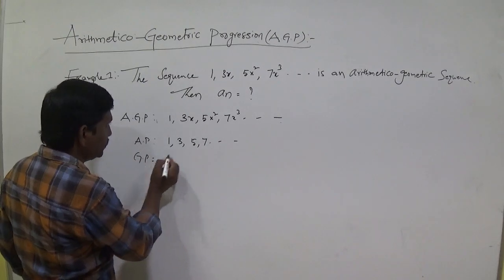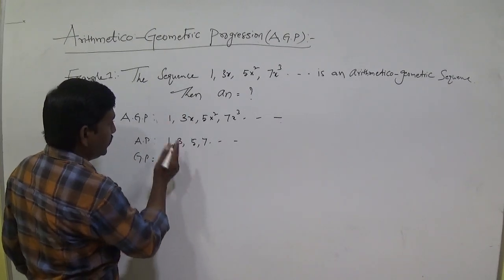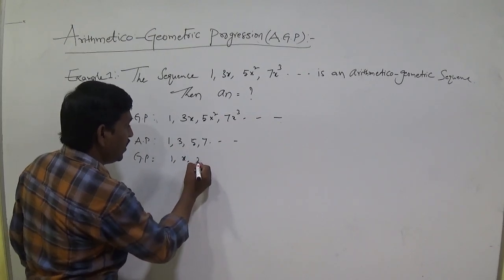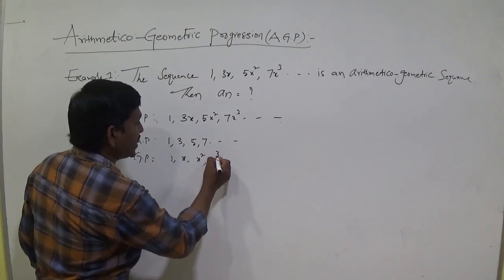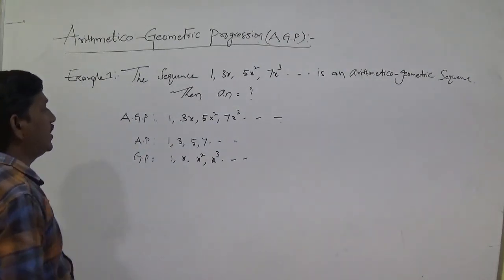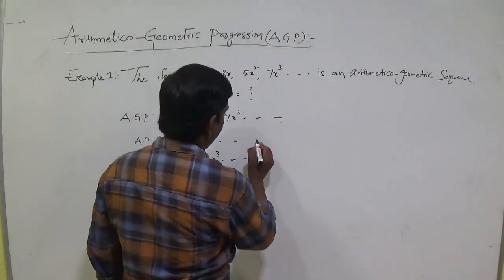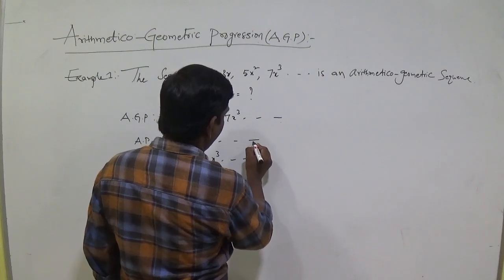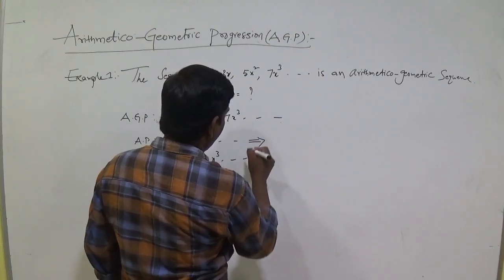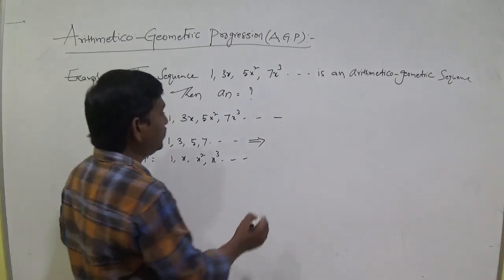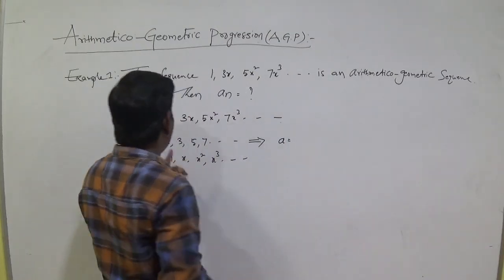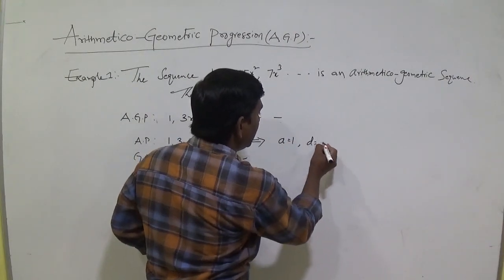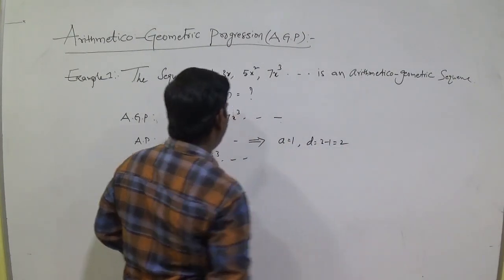The GP is 1 into 1, 1 into x, 1 into x squared, x cubed, so on. Here a equals 1, the first term, and d equals 3 minus 1, that means 2.